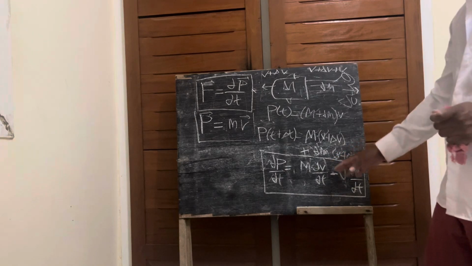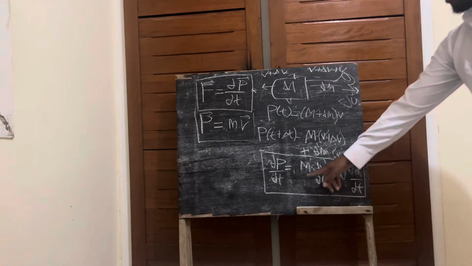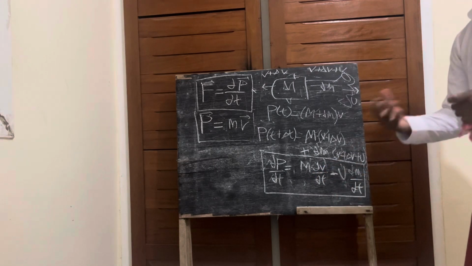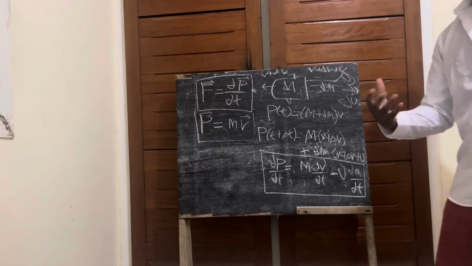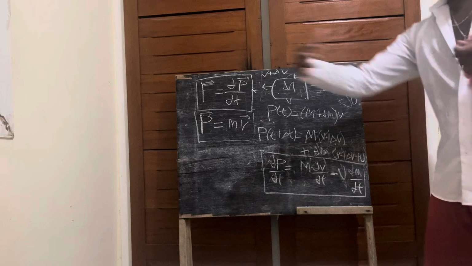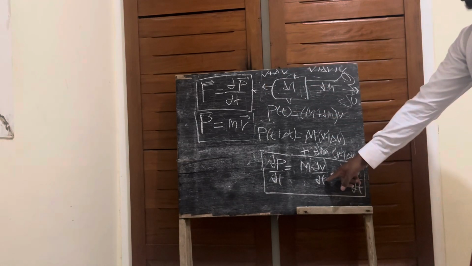Let's look a little bit deeper at the meaning of this. We have the mass of the rocket, and it's changing velocity because it's increasing. Propulsion implies that this ejection really changes the velocity of the ship. Okay, so it's accelerating. So we have an acceleration in here.